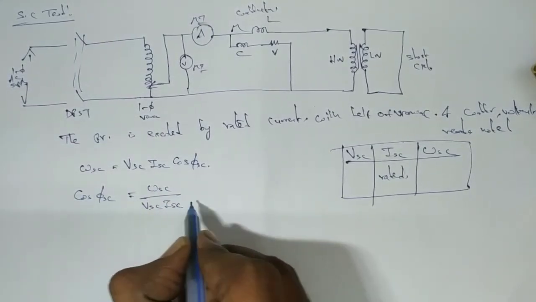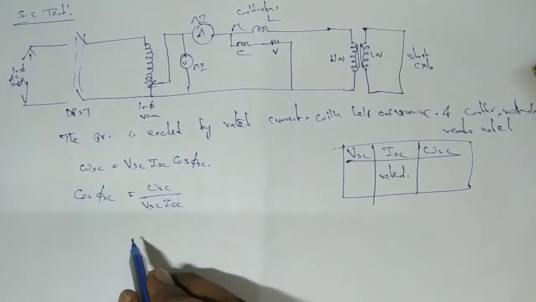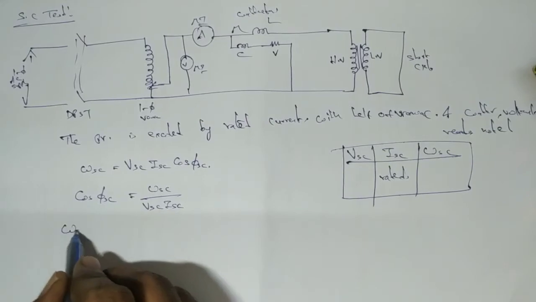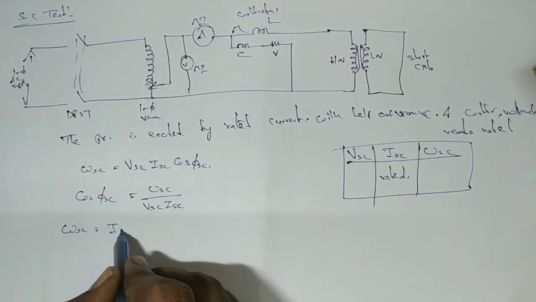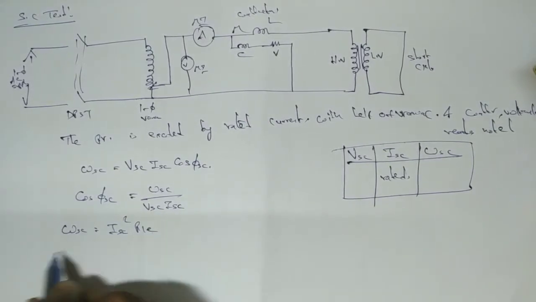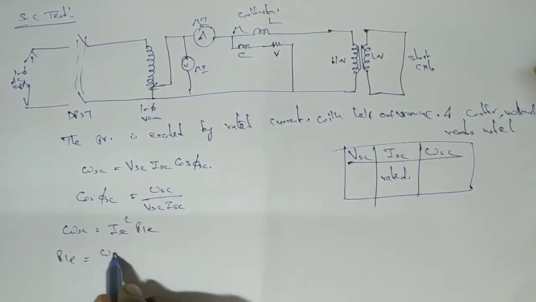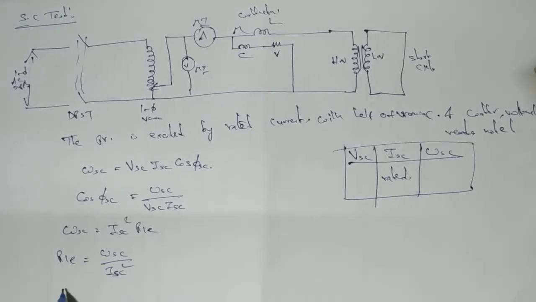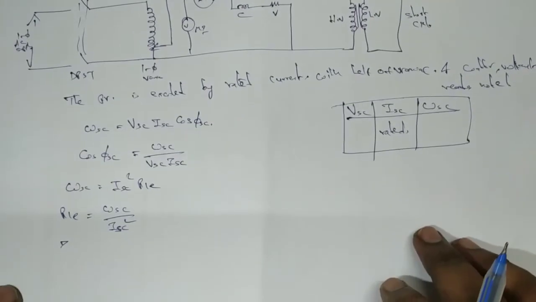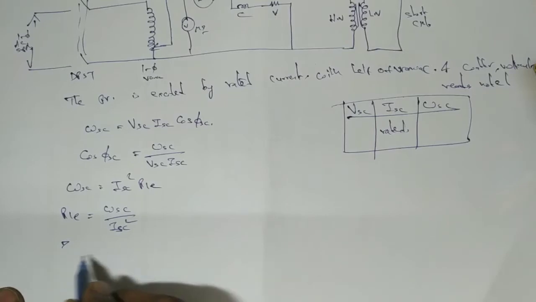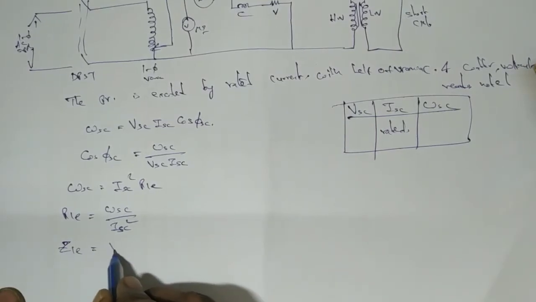And we have another formula: WSC, the wattmeter value, which is the total copper losses during the short circuit test, is equal to ISC square R1E or else ISC square R2E. But since the meters are connected to the primary side, we should write it in terms of R1E. From this, R1E is WSC by ISC square. Next, impedance Z1E is VSC divided by ISC.